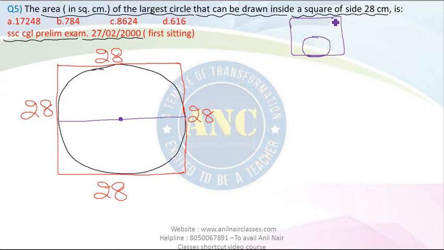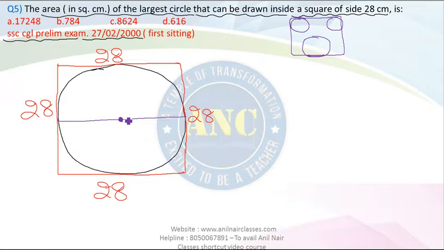There can be another circle in the square like this. There can be another circle in the square like this. Like that there can be multiple circles inside a square, but the circle will be maximum only when it touches all the four sides of the square, and that is possible only when you draw that circle keeping the center of the square as the center of the circle.